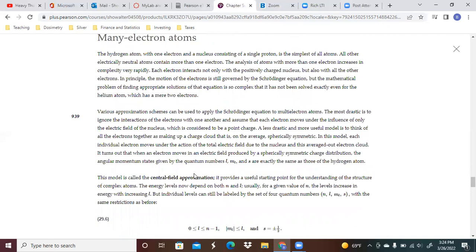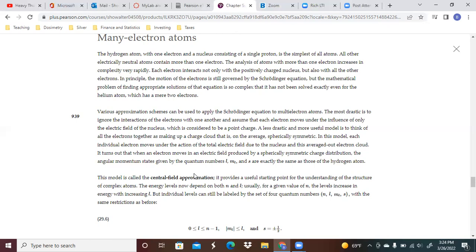The hydrogen atom, with one electron and a nucleus containing a single proton, is going to be the simplest. All other electrically neutral atoms contain more than one electron. The analysis of atoms with more than one electron increases the complexity very rapidly. Each electron interacts not only with a positively charged nucleus, but also with the other electrons.